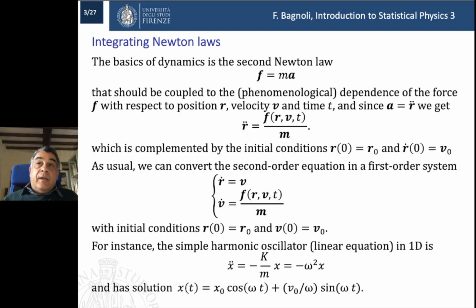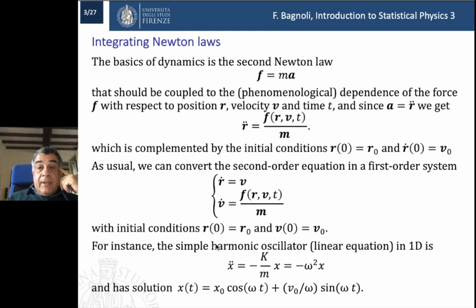And so we have to numerically compute the evolution of the second Newton law, force equal mass times acceleration, which is the second derivative of the position.